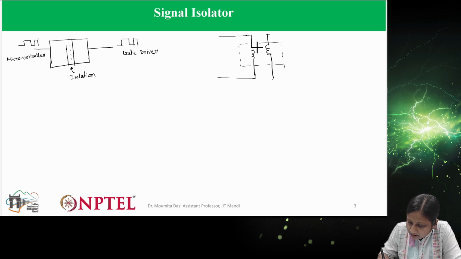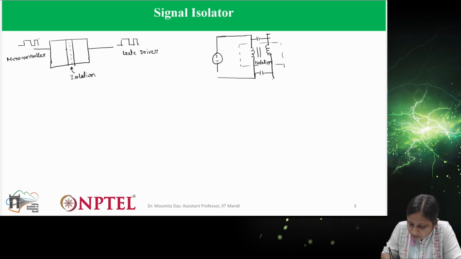If we have a transformer kind of structure, it will just provide isolation. Now, what do we have to do for common mode transient immunity? For that, capacitors of this kind are connected, and this is connected to a power supply.